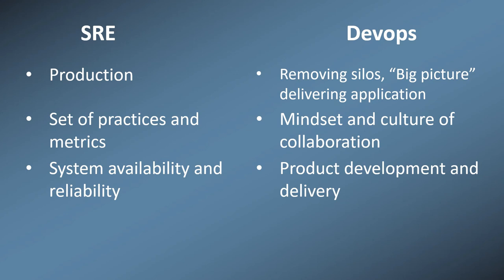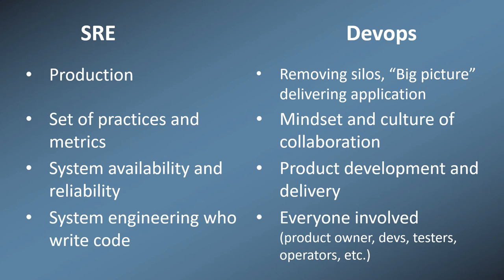Then we have a distinction about the organization of teams. DevOps teams and SRE teams are very different. DevOps teams contain everybody, literally everybody: product owner, developers, testers, operators, be it different people or the same people having different types of knowledge.